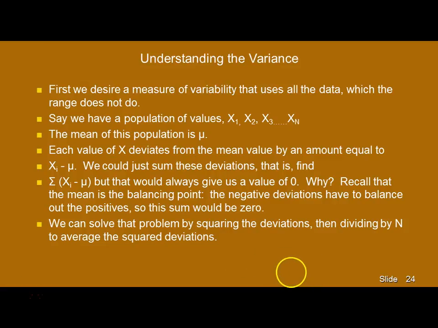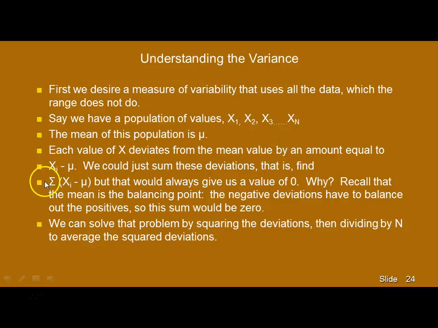Well, the variance is going to measure variability relative to the mean value. We could take each value of x and see how far it deviates from the mean, in other words, by calculating the quantity xi minus mu. I sometimes call those the deviations around the mean, or sometimes I just call them the deviates. Every value in the data set deviates from the mean by some amount.